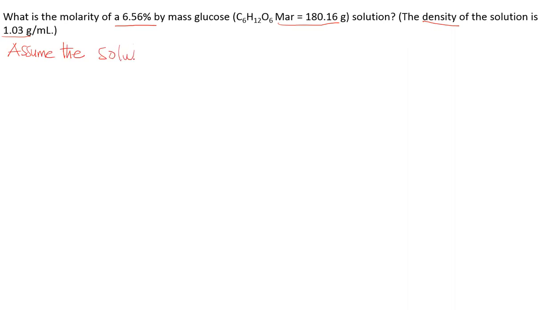It means mass of solute plus mass of solvent, in total, these two weigh 100 grams. Now, in these 100 grams, we have 6.56 grams of glucose.